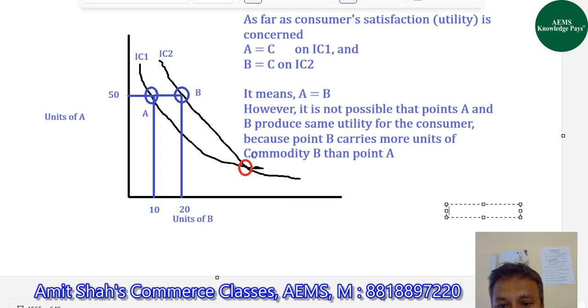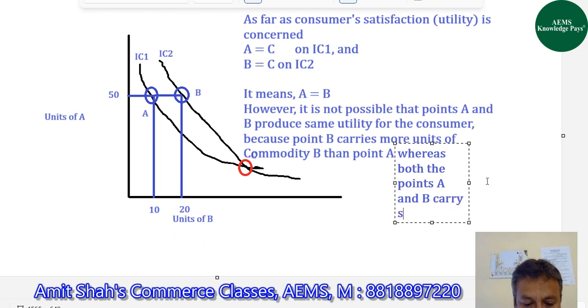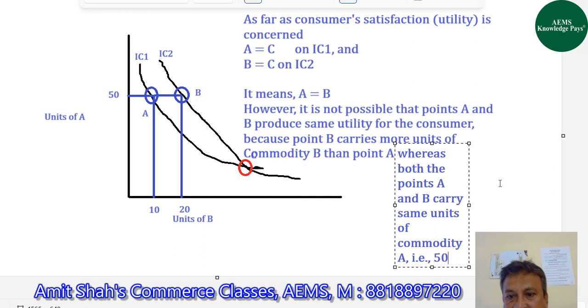Because point B carries more units of commodity B than point A, whereas both the points A and B carry the same units of commodity A, that is 50.